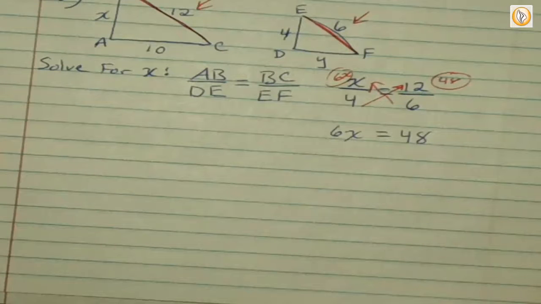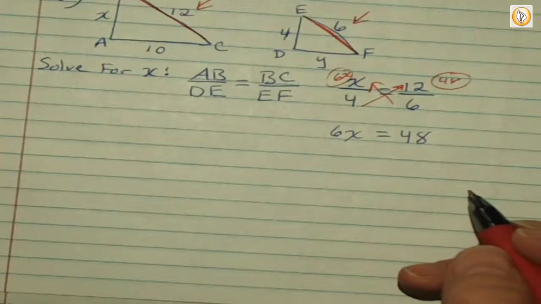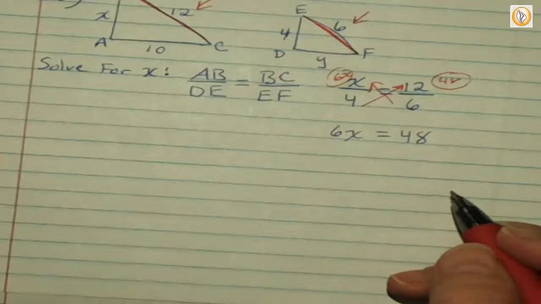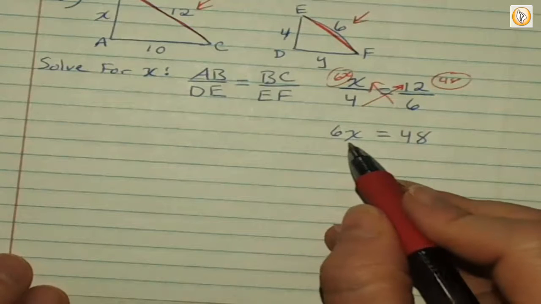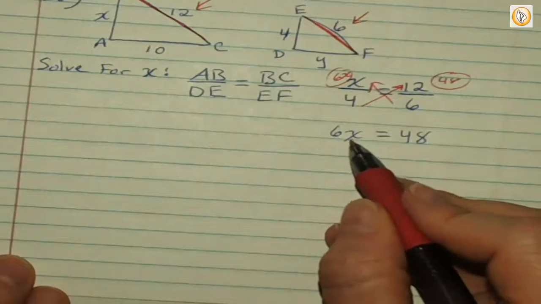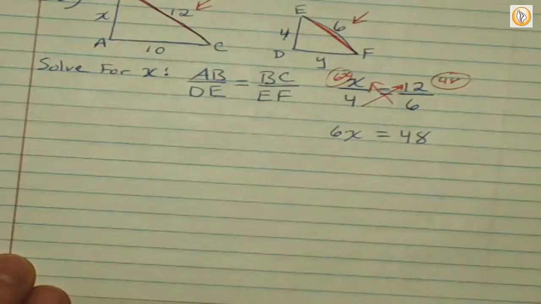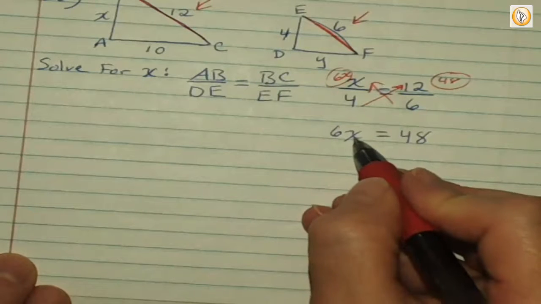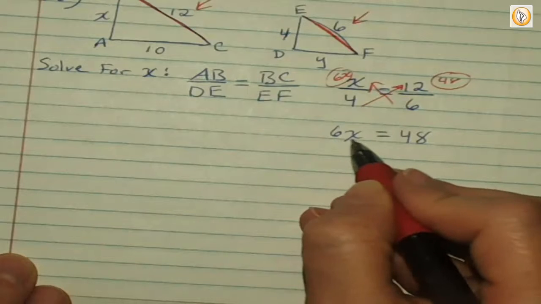Divide. Okay. Why am I dividing? How do I, look up here, how do I solve for x? How do I get x all by itself? Alright, yeah, divide. Okay, very good. See, you know this. So to be able to get x by itself, what operation is taking place right here?